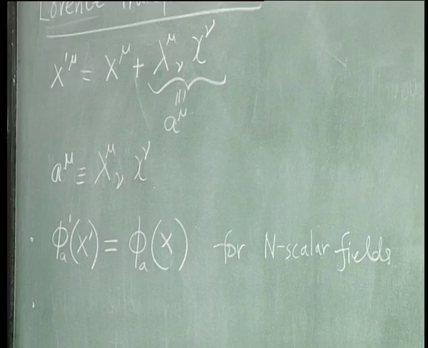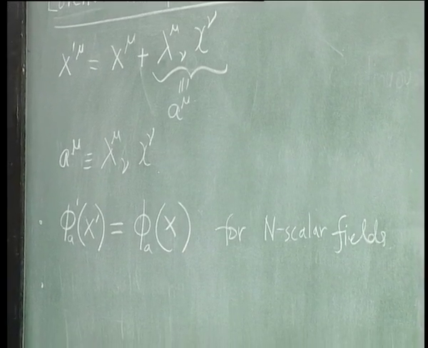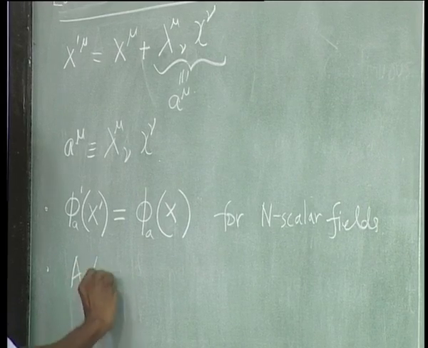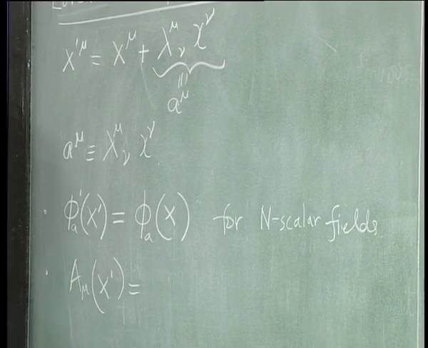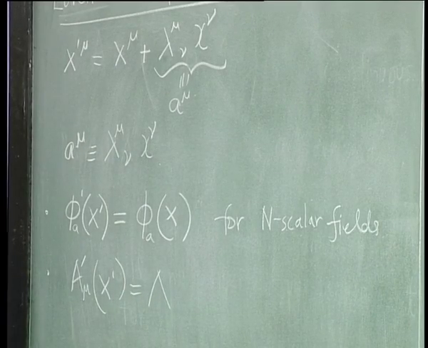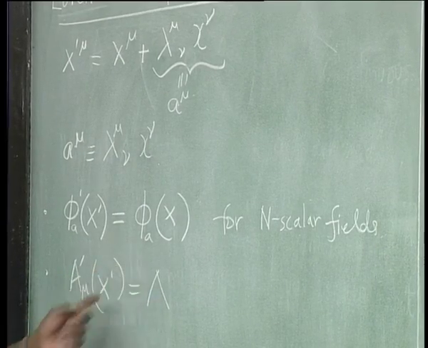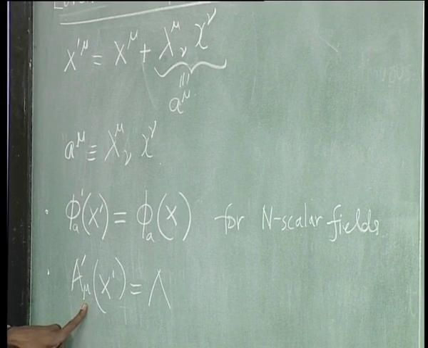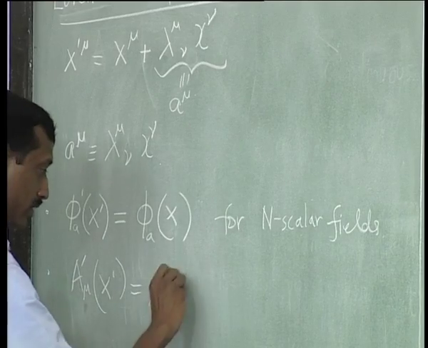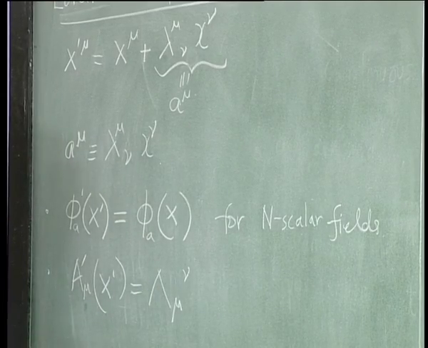But if you have a vector field like A mu, this should be equal. Now, I will have two actions, one coming from the fact that this index is a vector index and the Lorentz transformations do act on that. So, I would write something like this: lambda mu nu.